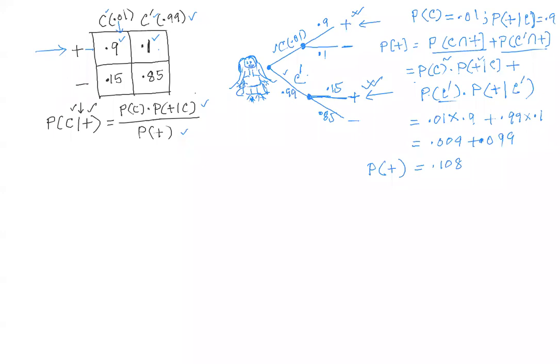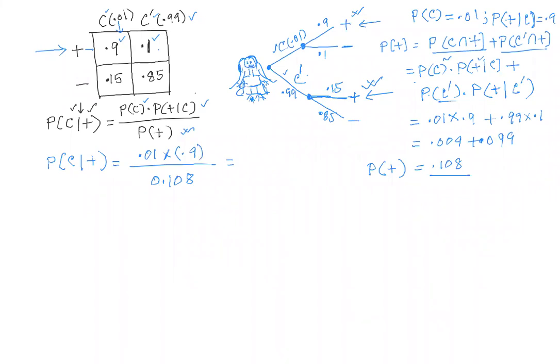Now we can go ahead and do this problem, which is the probability of cancer given that the person tests positive. In the denominator, we have 0.108, and on the top, probability of having cancer is 0.01 times the probability of testing positive given that the person has cancer, which is 0.9.